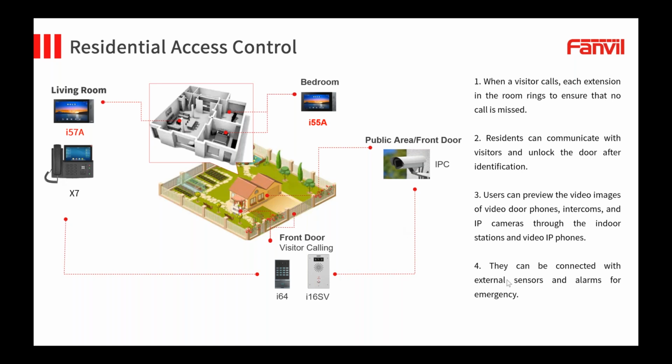And more, they can connect external sensors and alarms for emergencies, such as smoke sensors and door magnets, etc. And you can freely choose some security products you already own to supplement this residential access control solution.